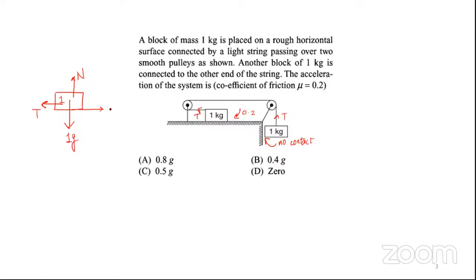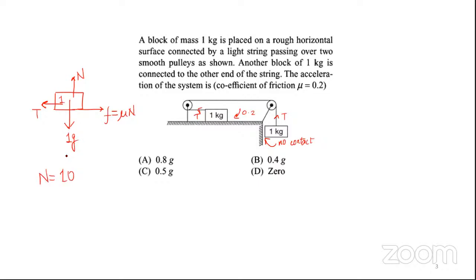So there will be friction in the right direction. Friction will be mu into N, and in the vertical direction there is no motion, so N will be 1g.